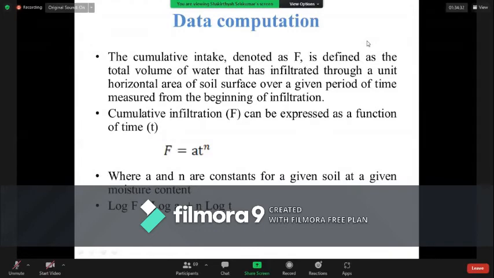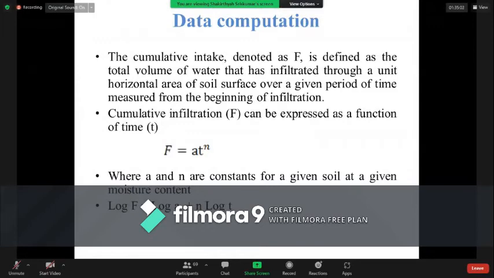Mostly soil scientists use this. Each type of soil has a particular amount of infiltration. By using this method, they can create a function, drawing a graph, and use that for their future computations.